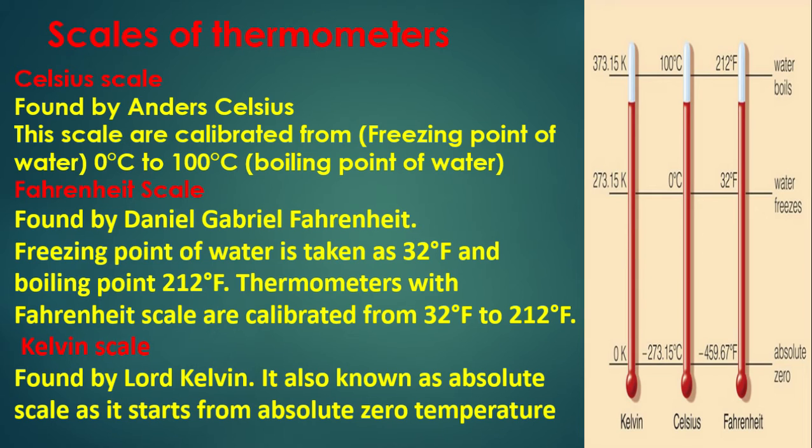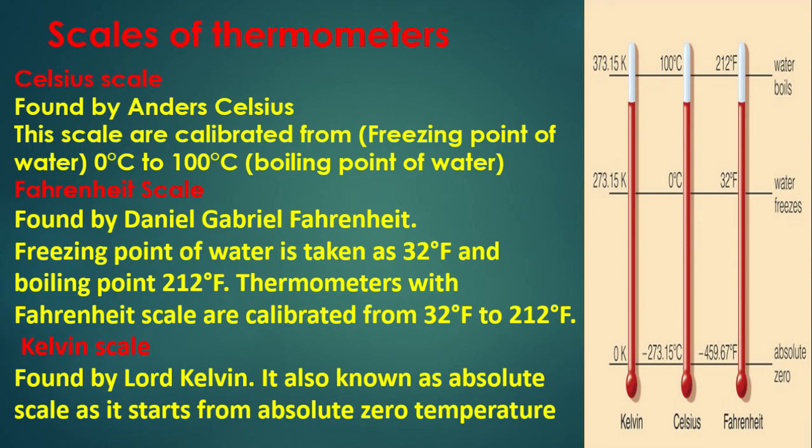Scales of thermometers. Celsius scale. Celsius scale was founded by Andreas Celsius. The scales are calibrated from 0 degrees Celsius to 100 degrees Celsius. 0 degrees Celsius is freezing point of water. 100 degrees Celsius is boiling point of water. Fahrenheit scale.